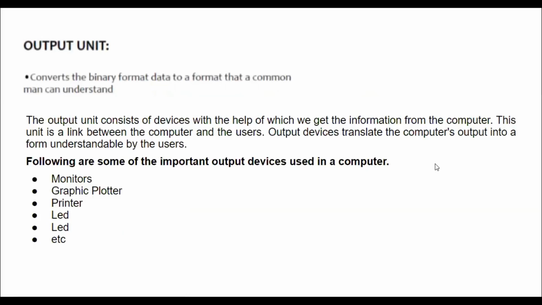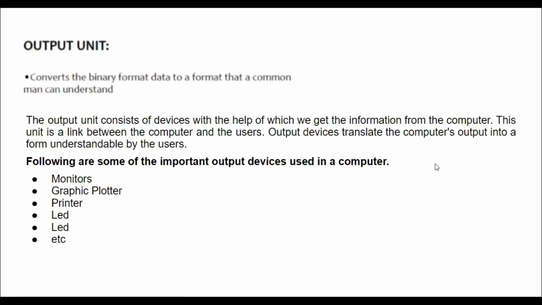Then another functional unit, we have output. So the output converts the binary format data to a format that a common man can understand. So the output unit consists of devices with the help of which we get the information from the computer. This unit is a link between the computer and the users.